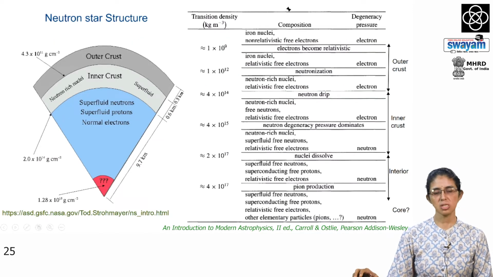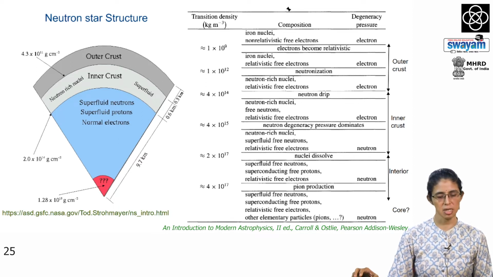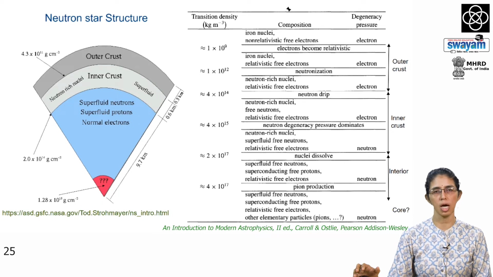The proposed structure of the neutron star is shown here, and one can imagine a neutron star to have various layers, outer crust and inner crust, shown in the left hand side panel, and the anticipated densities are also listed. You have an interior which is a superfluid of neutrons and protons, and then a core where the matter density is so high that we are not certain of the various particles that are present there and the particle interactions that are possible.